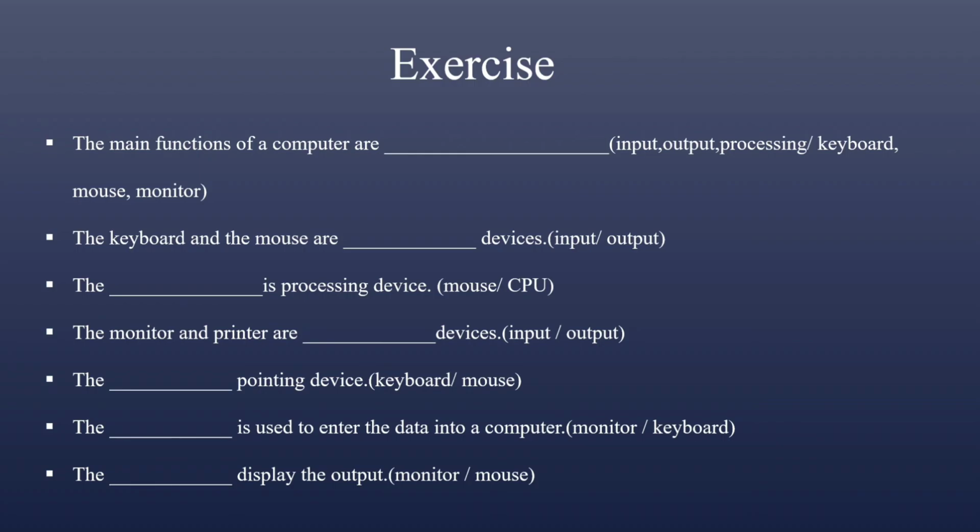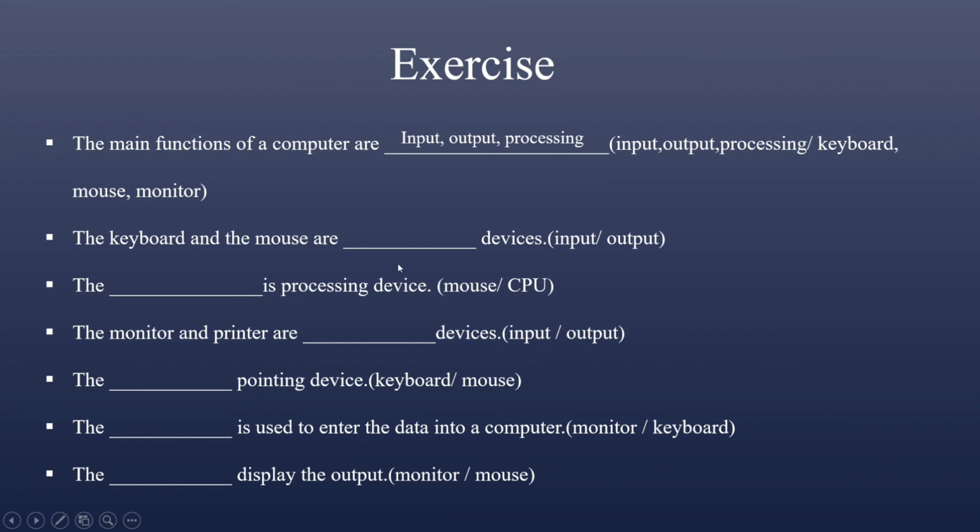This is your second lesson exercise, filling the blanks. The first: the main functions of a computer are dash, input, output, processing, or keyboard, mouse and monitor. Which answer is correct? Input, output and processing. These are the main functions of a computer. Now the second one: the keyboard and the mouse are dash devices. Input or output?